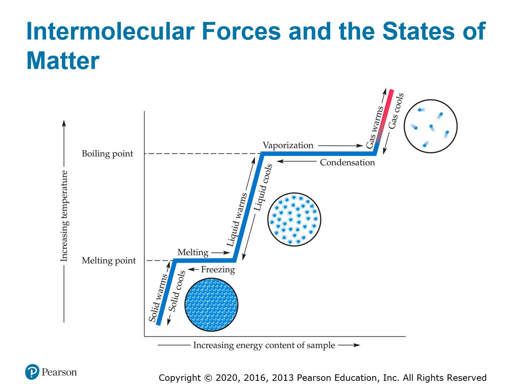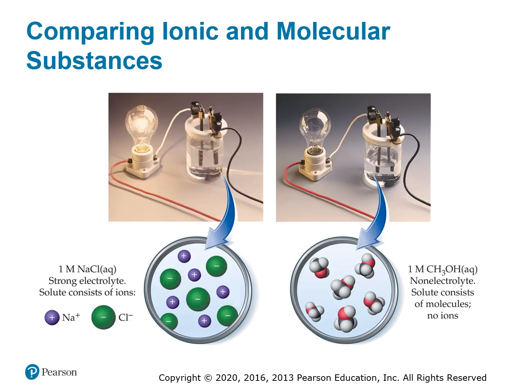Okay, so let's go up here. Now we want to compare, in this slide, the behavior of ionic and molecular substances. In a previous chapter, we talked about electrolytes, and electrolytes are substances that can conduct electricity. They can be molten or in solution with ions.